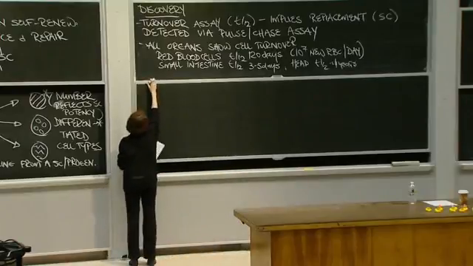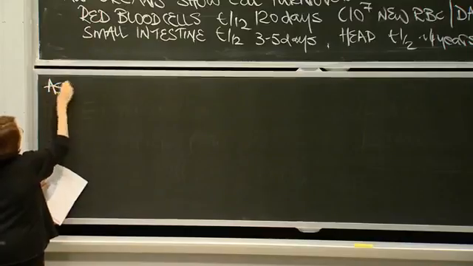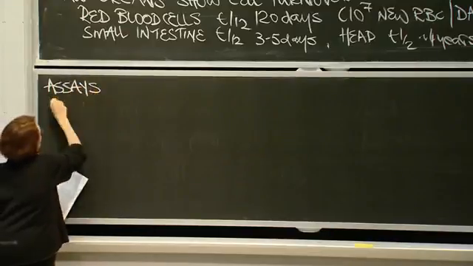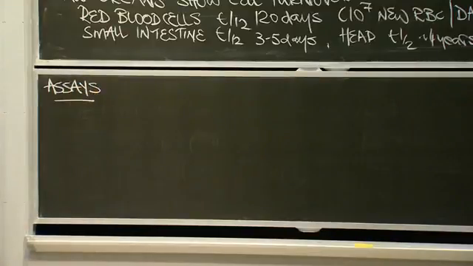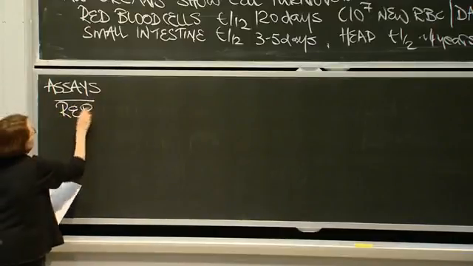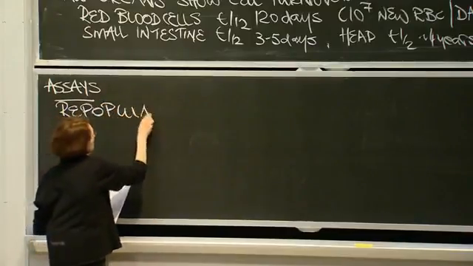let's look at the assays that may be used. And there are 3 assays that you should know. One is a repopulation assay to test stem cellness.